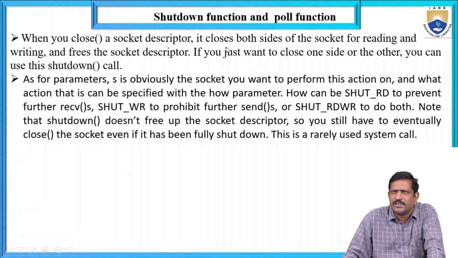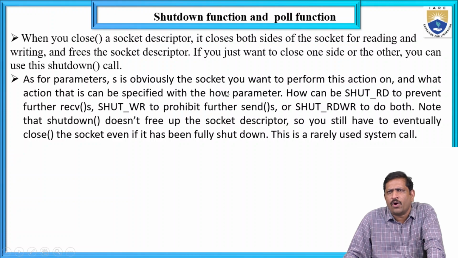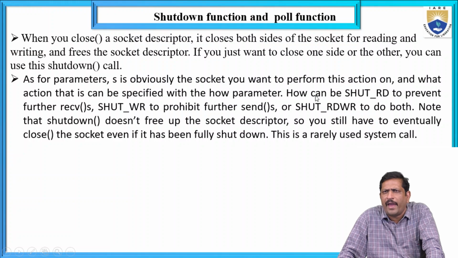If you just want to close one side or the other, we can use the shutdown call. As for the parameters, the first is obviously the socket. You want to perform actions on it, and what action is specified with the how parameter, which is utilized for performing the shutdown actions.